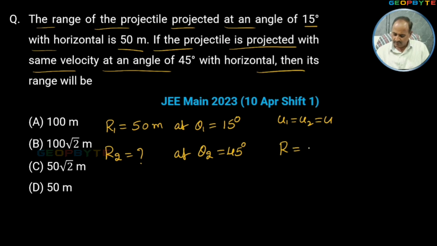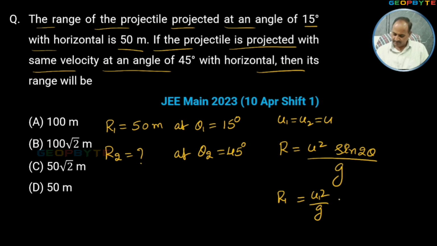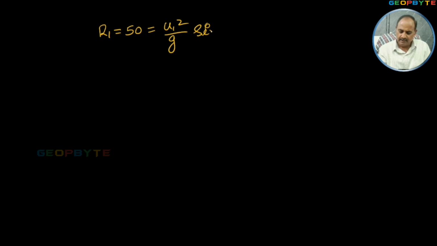The range R equal to u square sine 2 theta by g. Then R1 equal to u1 square by g into sine 2 theta. R1 is given 50, equal to u1 square by g into sine 2 into 15.